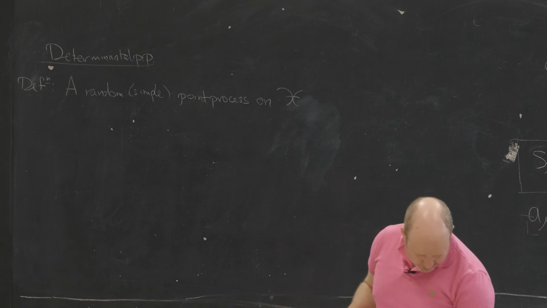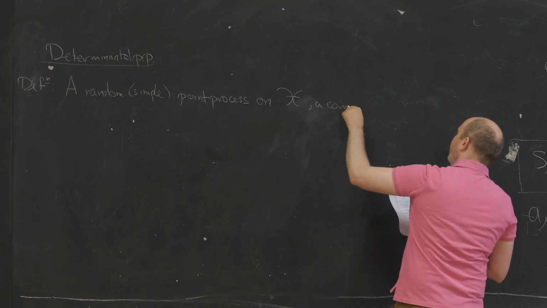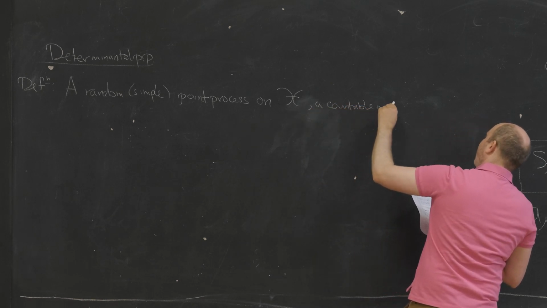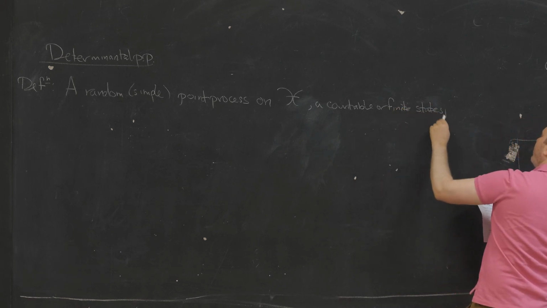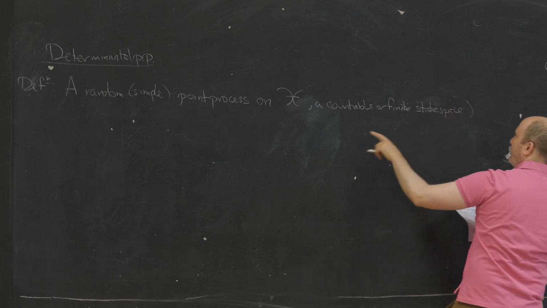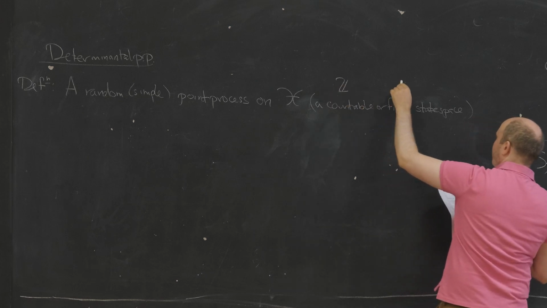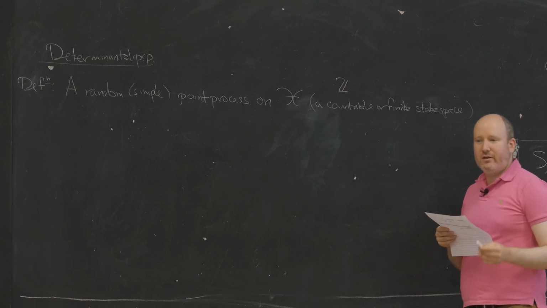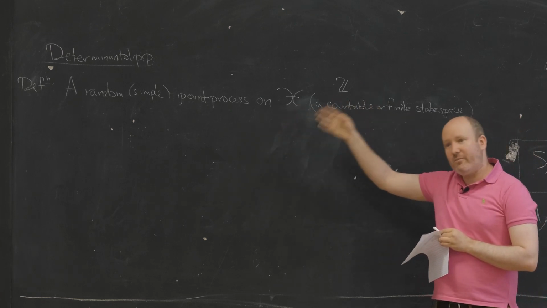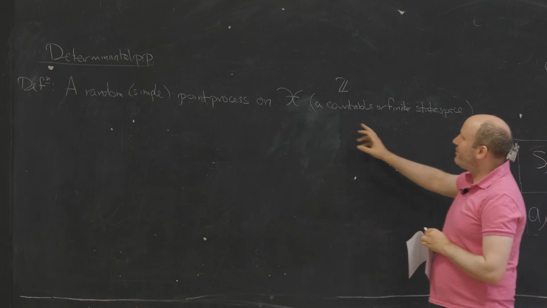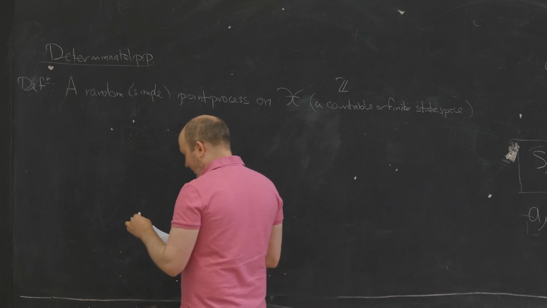Which I'll think of as a countable or finite state space. So for instance, Z, or the numbers 1 through n or something like that. You can do this for much more arbitrary, much more complicated spaces, for R, for higher dimensional stuff. It gets a little bit more complicated when you have uncountable things. You need to deal with densities and stuff. So let me just restrict to countable.